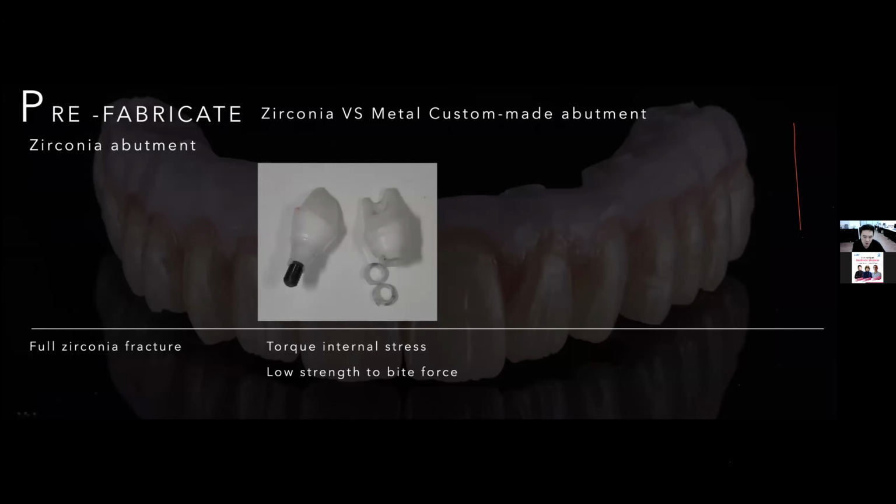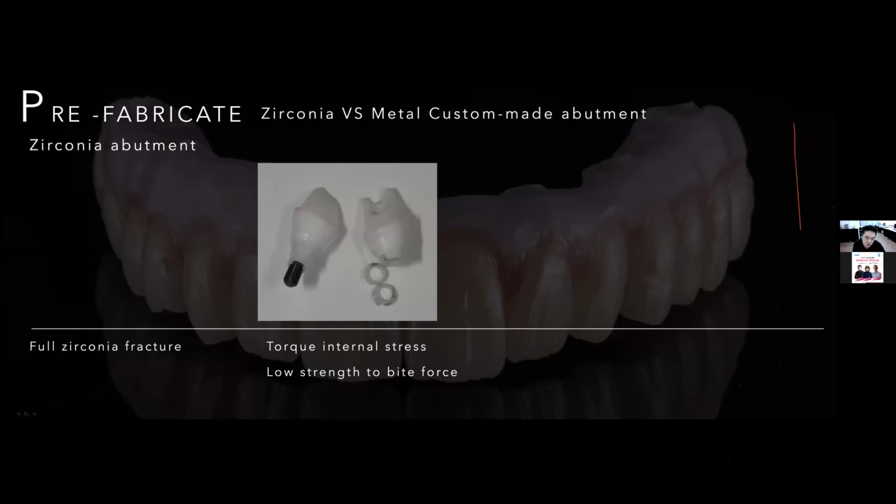And this is a bigger problem. Sometimes when you finish and cement your crown on it, this stress is still in it. And when the patient chews and bites again and again, sometimes this stress is over the zirconia strength, and the zirconia will break and chip, especially at the interface.